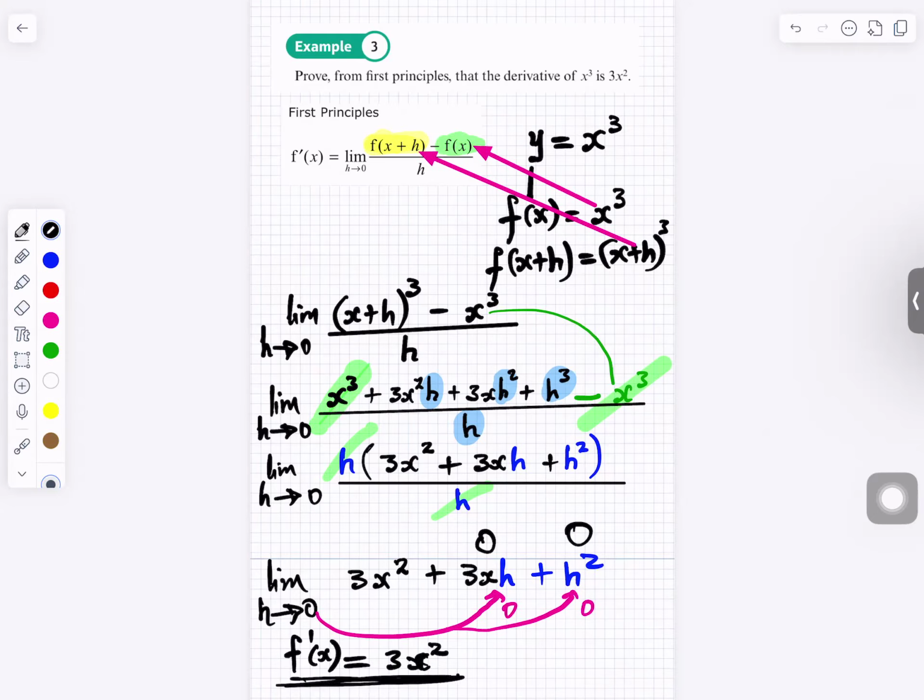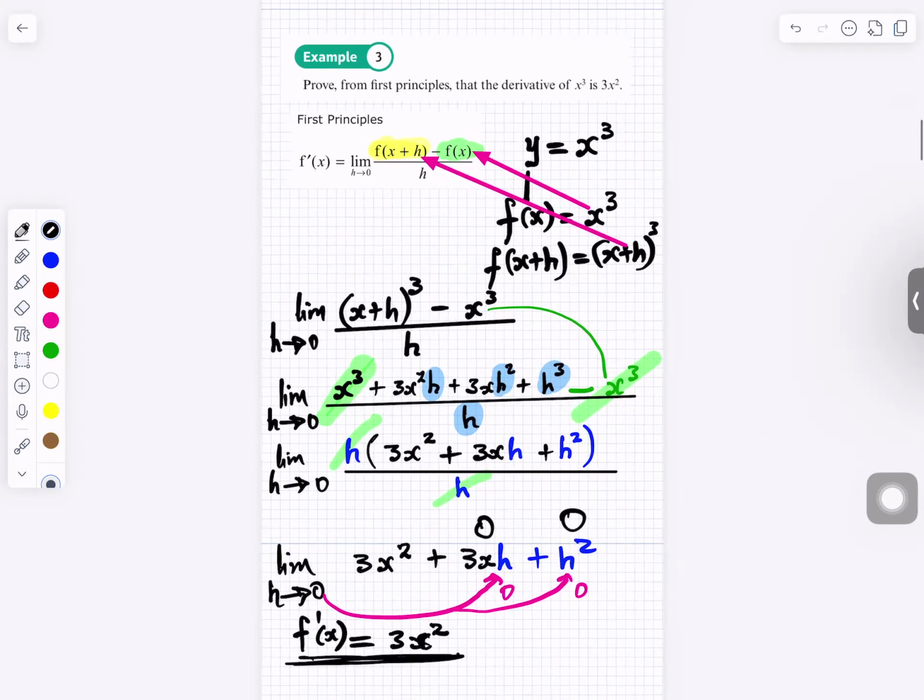So in your own words, what's the process? You get y, which is f of x. You get f of x plus h, and then you substitute those into the formula, and then you expand the brackets, and then cancel out the h's and the single x terms, and then set h equal to 0, and then you'll get the derivative.